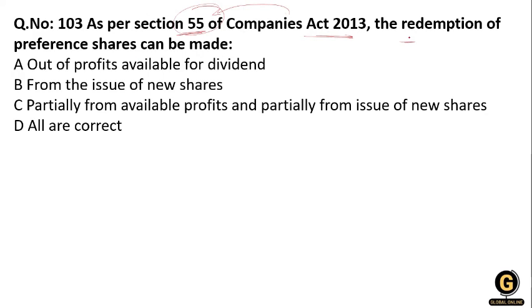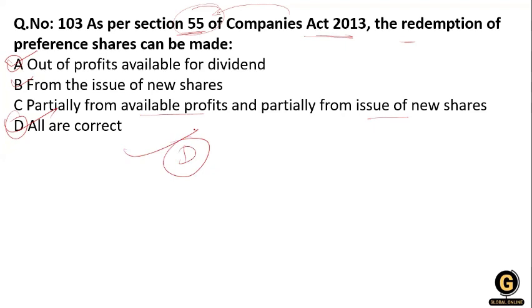The redemption of the preference share is given out of the profit available for the dividend. It's also from the issue of new shares, and also partially from the available profit and partially from the issue of shares. All of the above is the right answer over here. So D is the right answer.